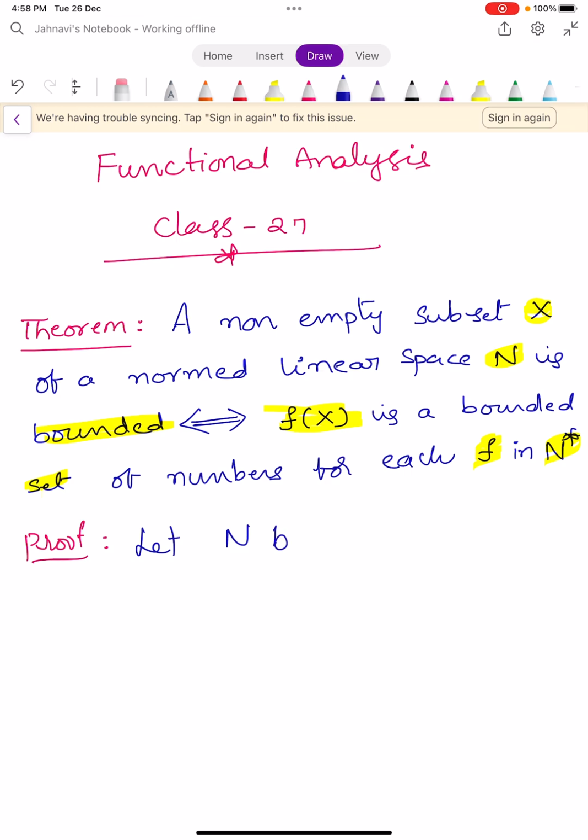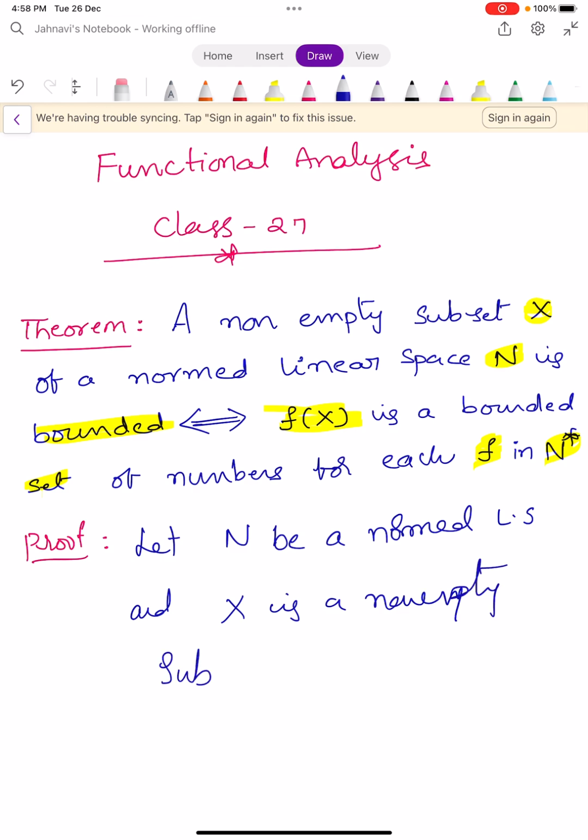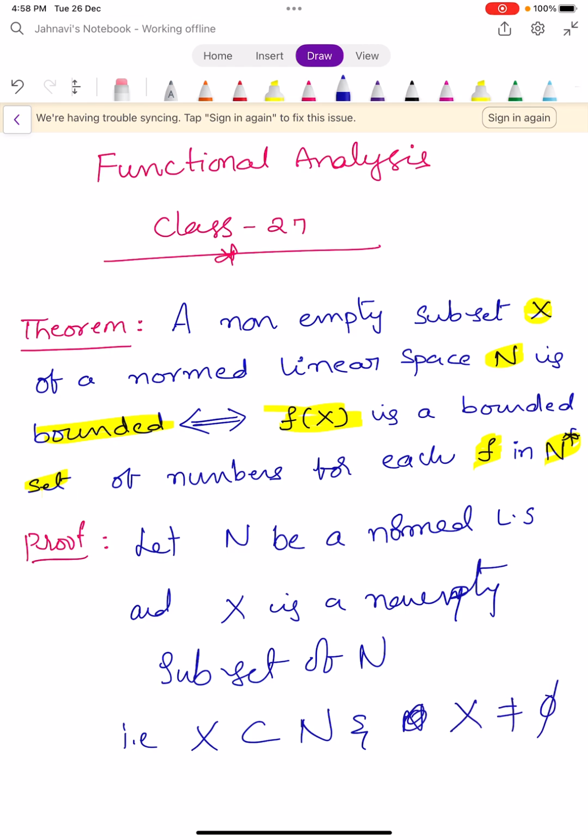Let N be a normed linear space and X is a non-empty subset of N. That is, X is a subset of N and X is not equal to phi, a non-empty set.